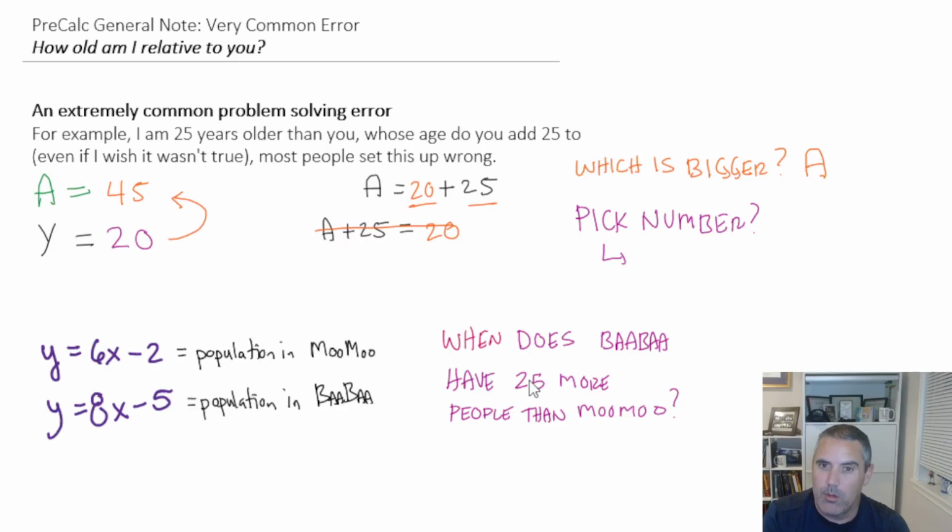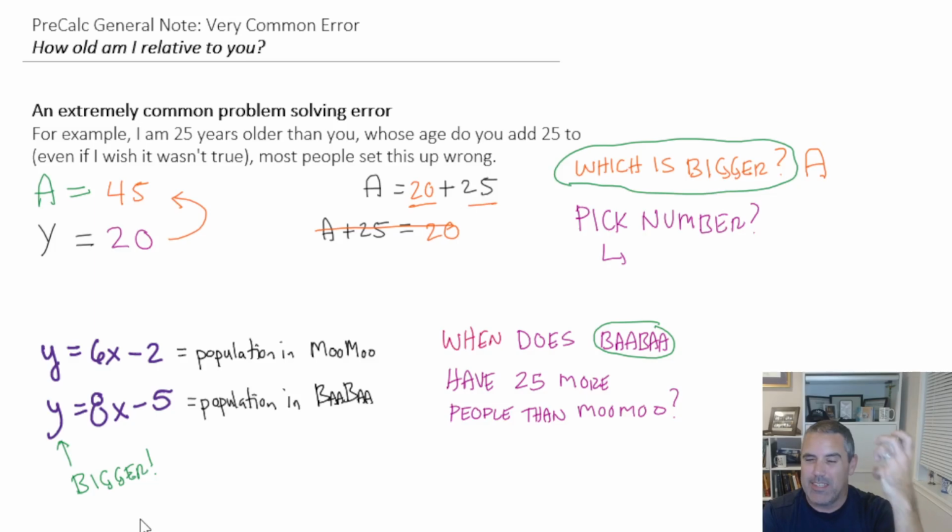Okay. Now to this question. Let's play our game. When does Baba have 25 more people than Moo Moo? Which is bigger? Baba will be bigger. So now we have a fail-safe. At the end of the problem, that number should be bigger. So I should take the smaller.